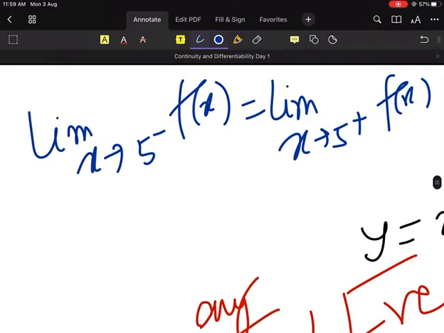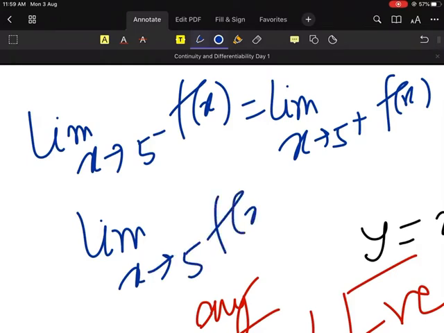Then we can say that the limit exists. If the limit exists, then combining these two, I can write the limit as x tends to 5 of f(x). Understood? I am combining these two.